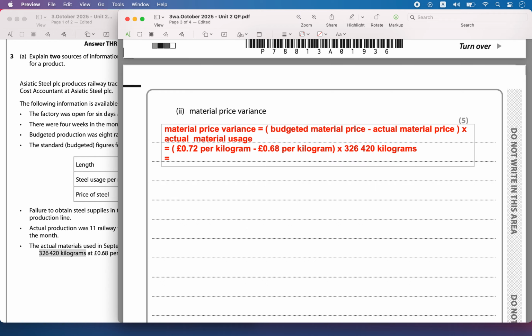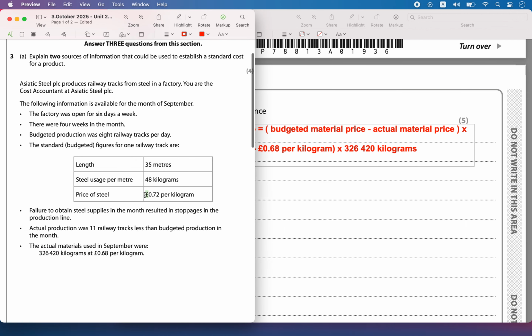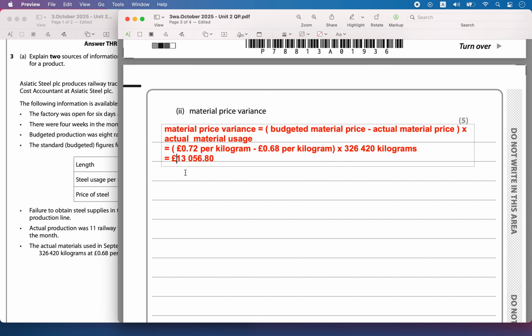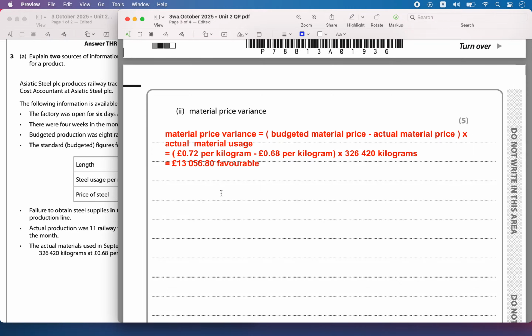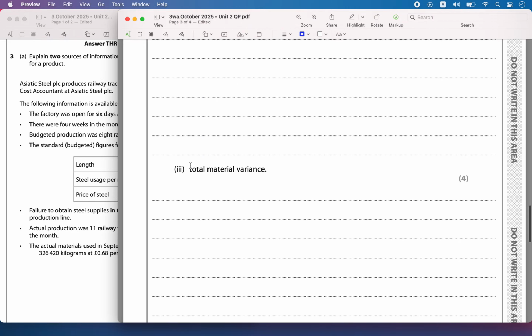So that is going to be equal to 13,056.80 pounds. So this was the material price variance, and we have to write whether it was adverse or favorable. Here the budgeted price was much higher and we were able to procure at a lower rate of 0.68. So this is a favorable variance to the company.